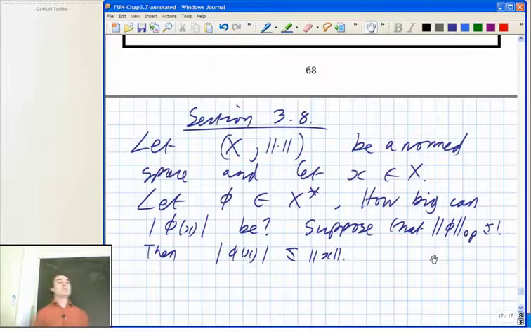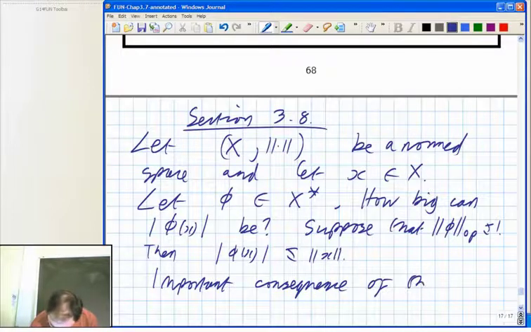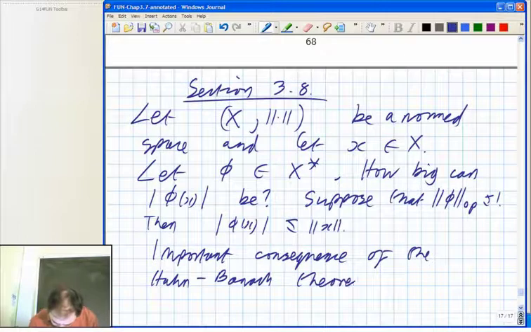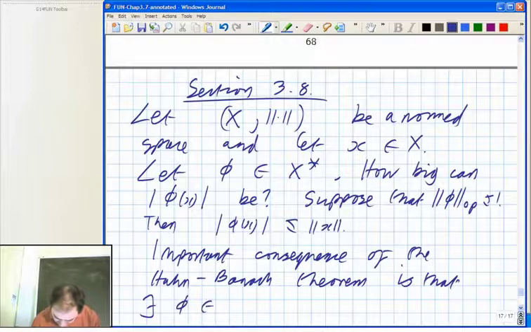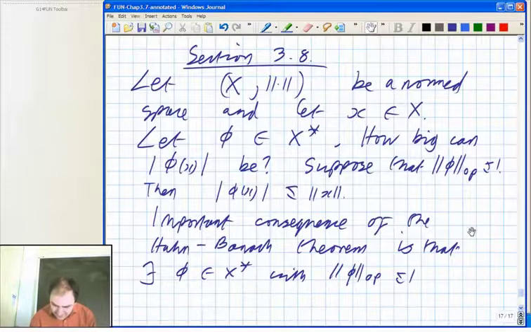And one important consequence of the Hahn-Banach theorem is that there exists a phi in X star with norm phi less than or equal to 1 and phi of x equals norm x.